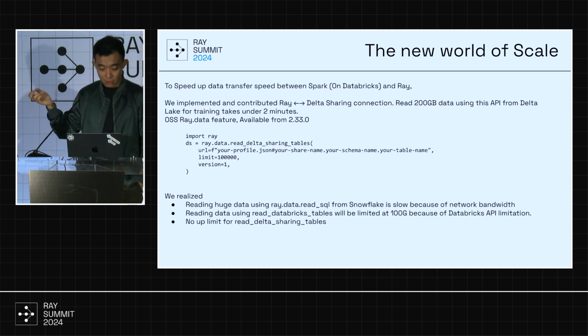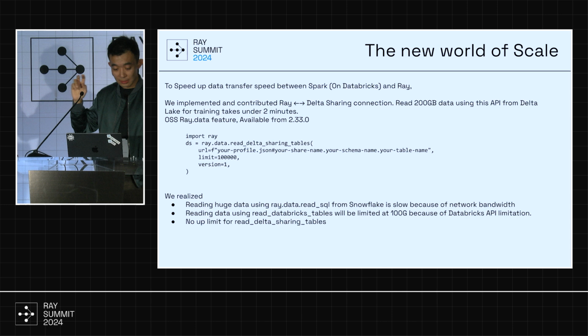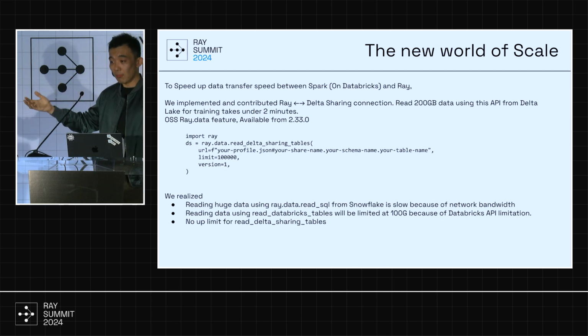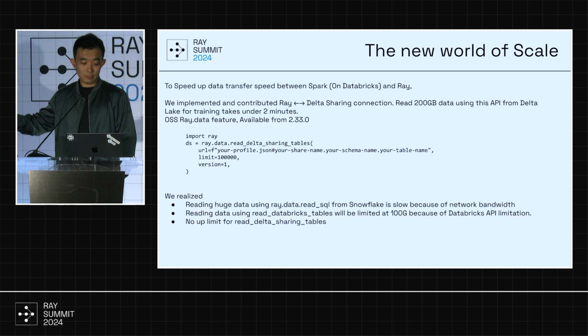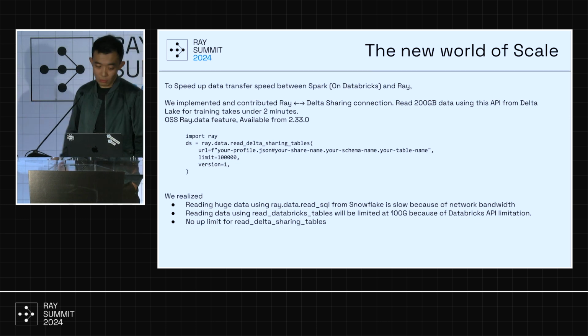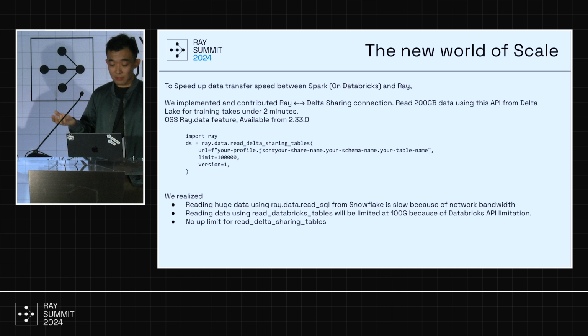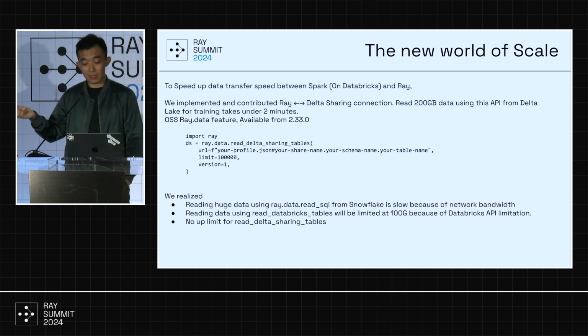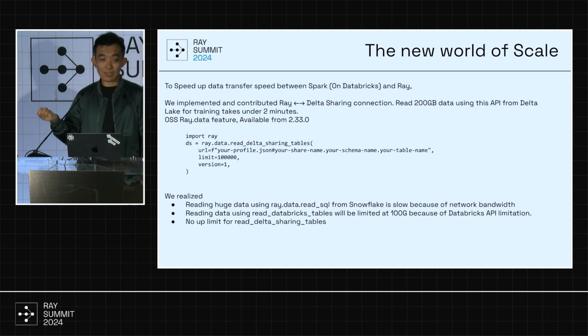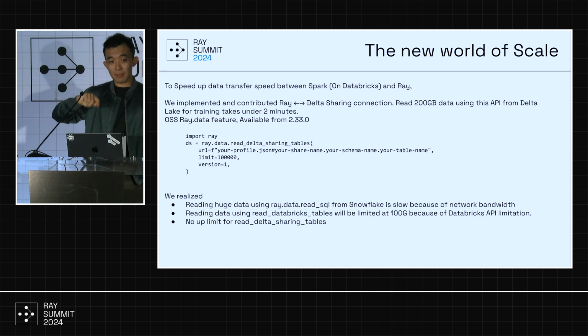Just provide your profile, I think it is called a profile in Delta Sharing, and then say how many rows you want. It could be 1 billion rows or whatever. We achieved reading 200 gigabytes of data using the API within 2 minutes. It's pretty fast.